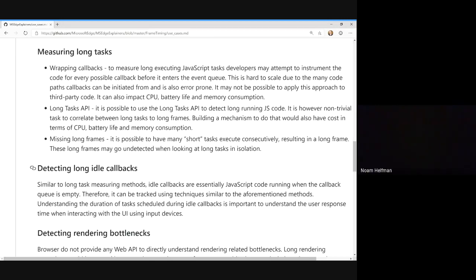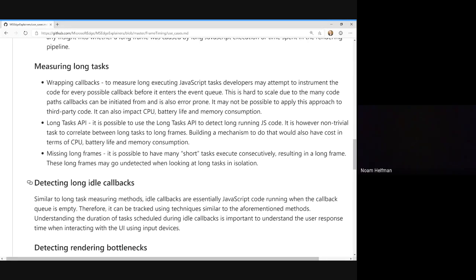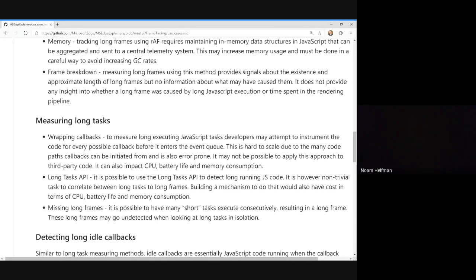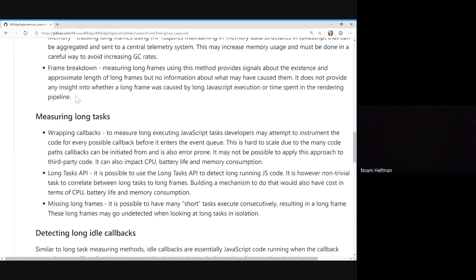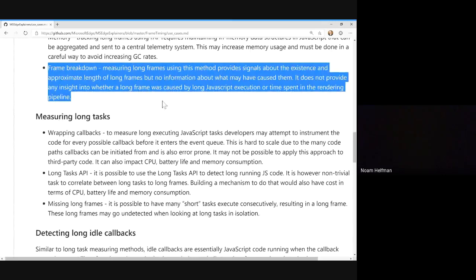So regarding Yoav's question, ideally, if there was a long task and we had more context about that JavaScript task, then that would be great. I think there was a discussion that I missed earlier related to the JS Profiling API, which covers that area, I think.